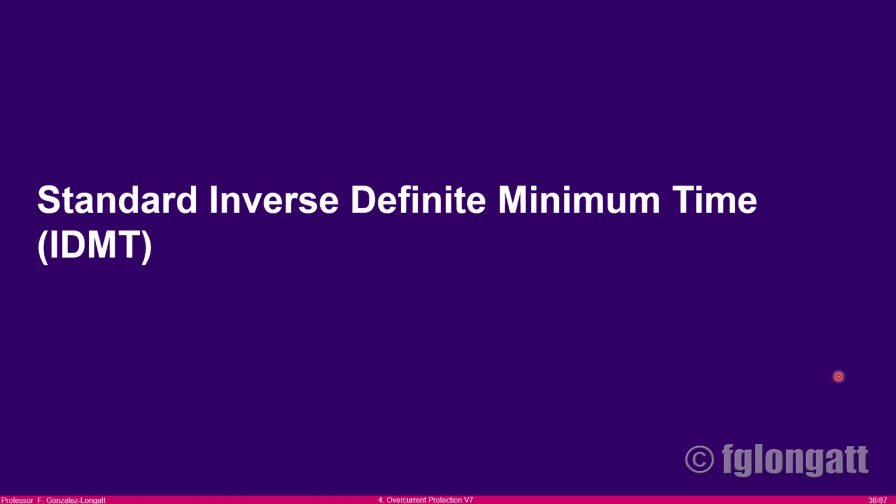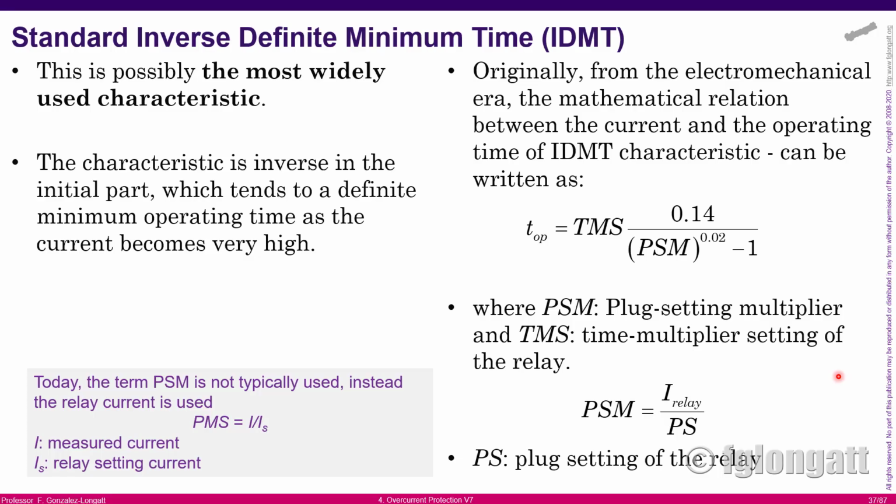The IDMT is probably one of the most widely used time current characteristics. It has been included for many years. The mathematical equation that defines the relationship between current and the operation time is here.